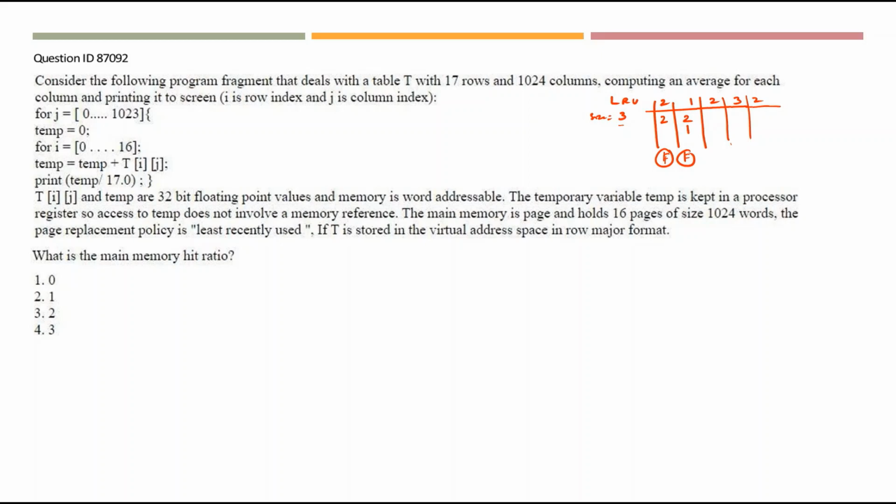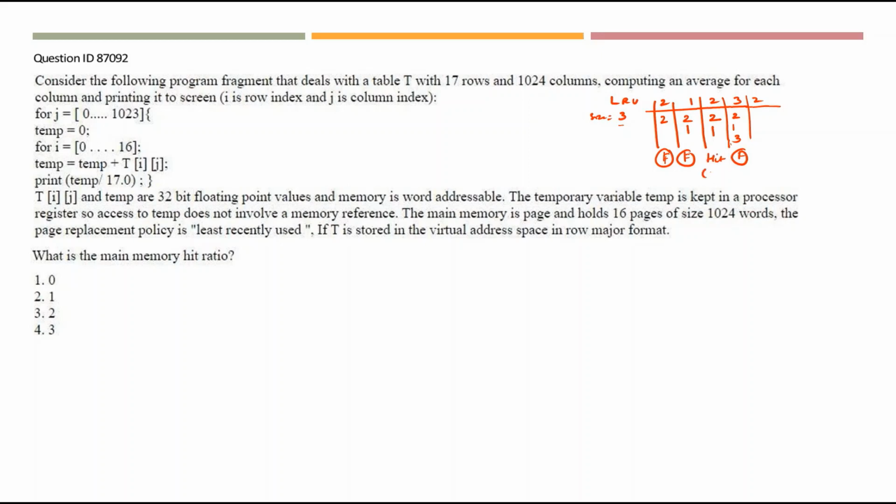This is how we calculate in a page replacement policy, right? Now I have 2 again. I will not place it, but I will take the same reference. Now again I am referring a new page, so 2, 1, 3. Here there is a fault. When I am referring to a page that is already in the memory, it is called a hit.